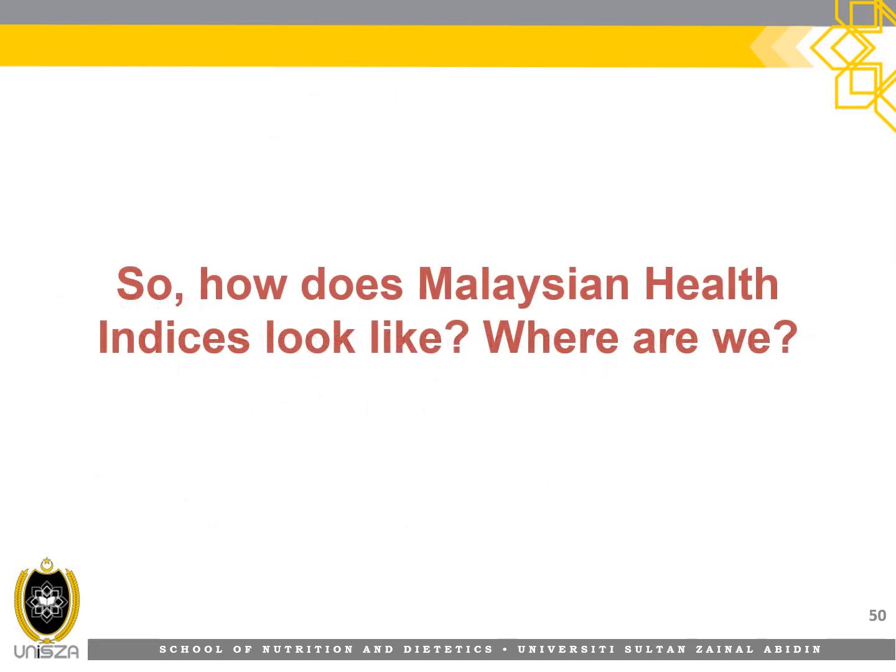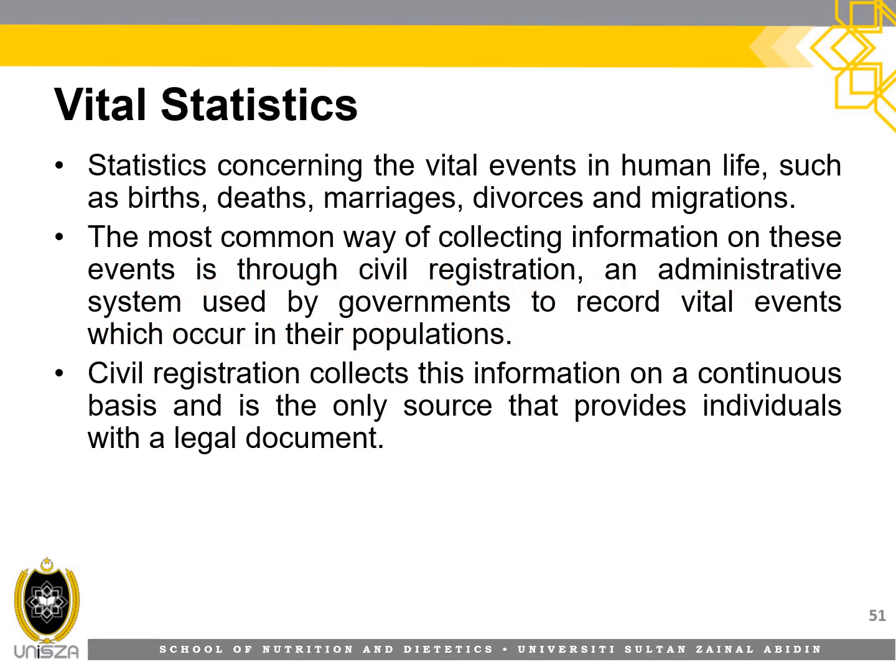So now that we have learned about various mortality measures, the question is, how do Malaysian health indices look? Where are we today? Before we answer the question, we must understand what vital statistics are. Vital statistics are statistics concerning the vital events in human life, such as birth, death, marriages, divorces, and migration.